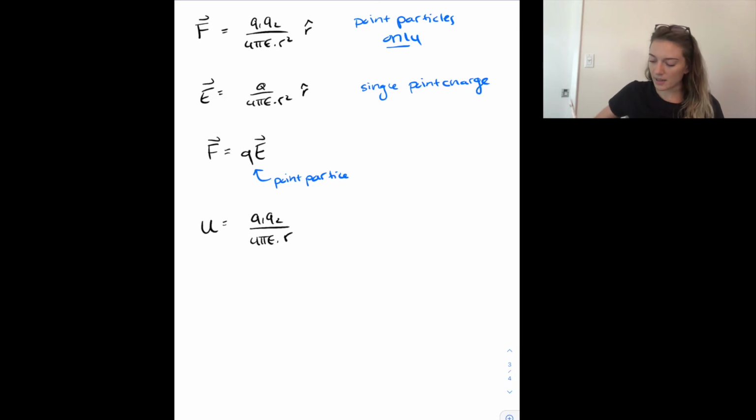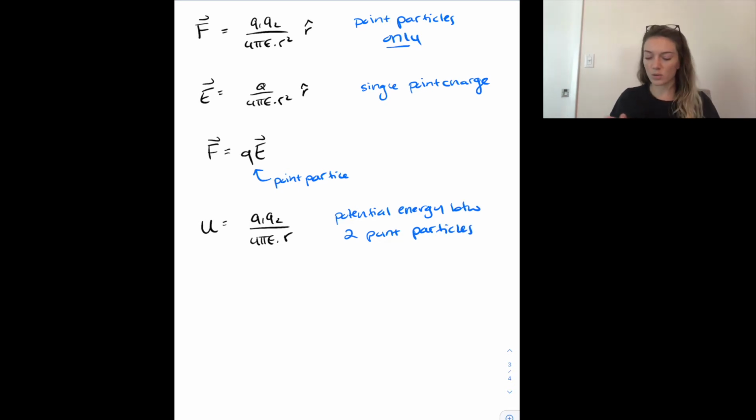So this is the potential energy between two point particles. Really the only difference between our potential energy and our Coulomb's law formula is that we have one less power of r in the bottom, and it's not a vector, it's a scalar function.